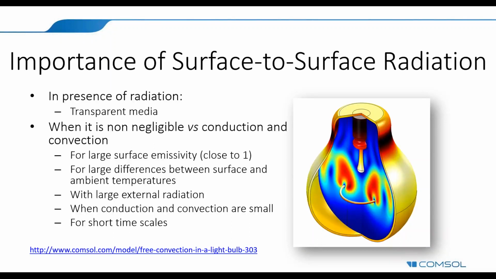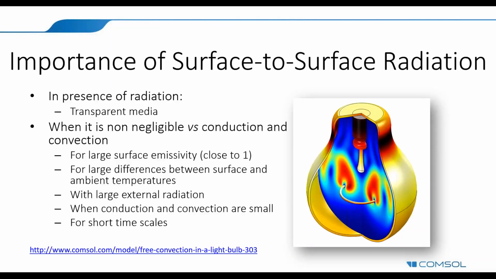Surface-to-surface radiation will influence the temperature distribution when there are large temperature differences between two surfaces facing each other. And also when we have an external source of radiation, the most classical one being solar radiation. That's an experience that we all had: we can feel that the sun is heating surfaces, bodies, etc. So when we have an external source of radiation, it has to be included in a thermal model.